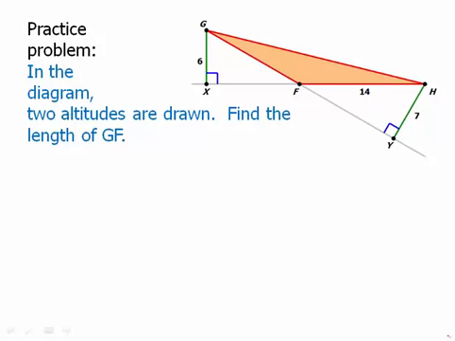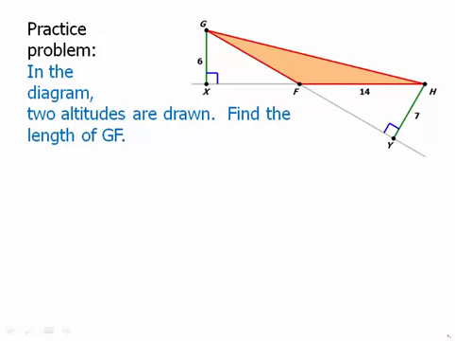So it must be true that we could say that the area is 1/2 times 6 times 14. If we call GF, we'll leave that as GF because that's unknown, that lies along the line GFY, and HY is the altitude to that line. So the area is also 1/2 times 7 times GF.